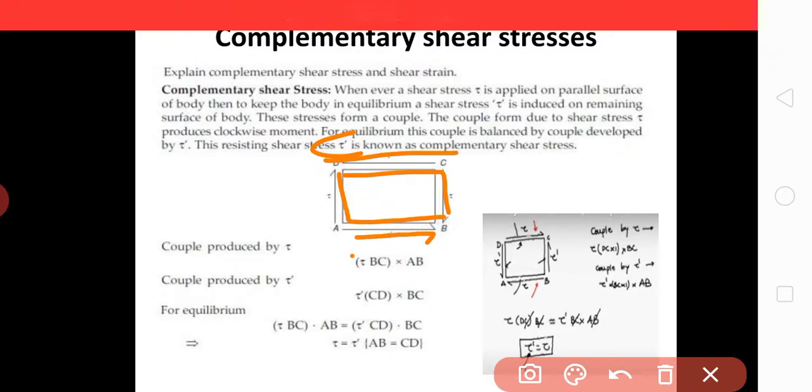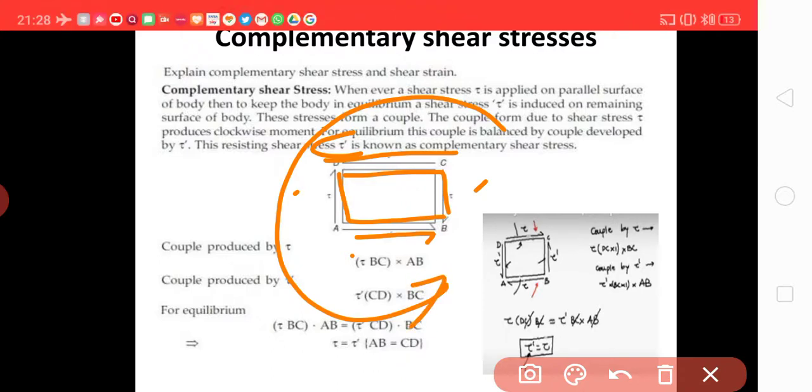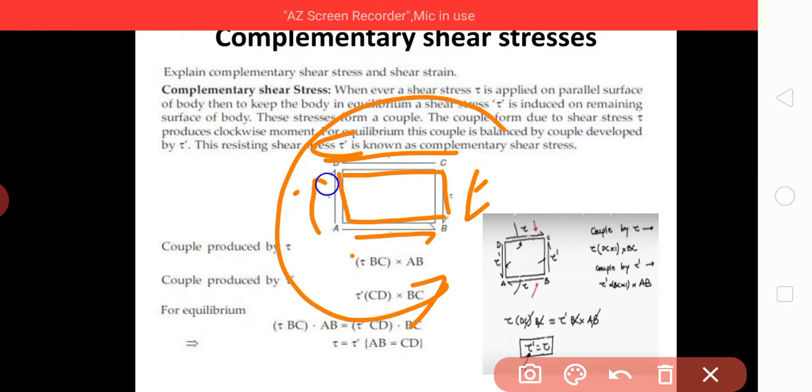So there will be a stress on these two faces also. If there is no stress there, then there will be a couple and it will start rotating like this. To counter that, a stress is developed on this face, which will be in the opposite direction.